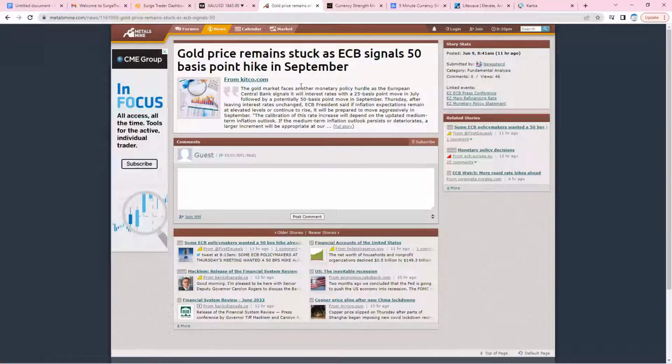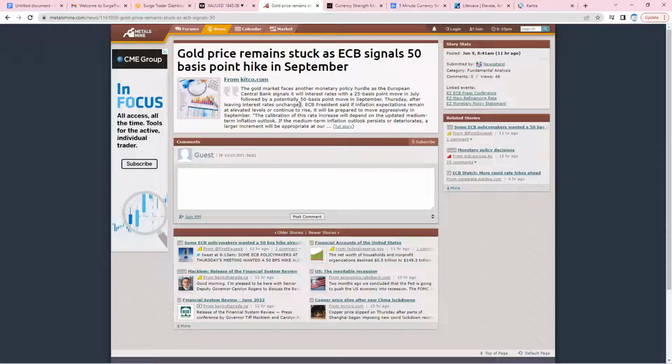Gold market faces another monetary policy hurdle as the European Central Bank signals it will raise interest rates with a 25 basis point move in July, followed by potentially 50. Wow. In September. Thursday, after leaving interest rates unchanged.